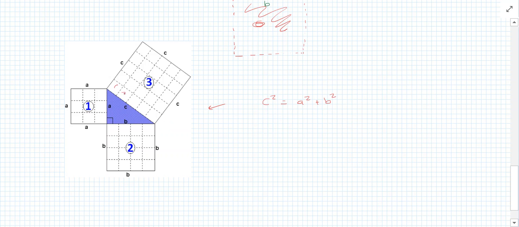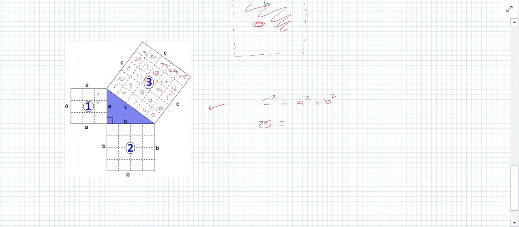We've 1, 2, 3, 4, 5, 6, 7, 8, 9, 10, 11, 12, 13, 14, 15, 16, 17, 18, 19, 20, 21, 22, 23, 24, 25. So C squared is equal to 25 boxes. So 25 is going to be equal to A squared. Remember, this is A squared.